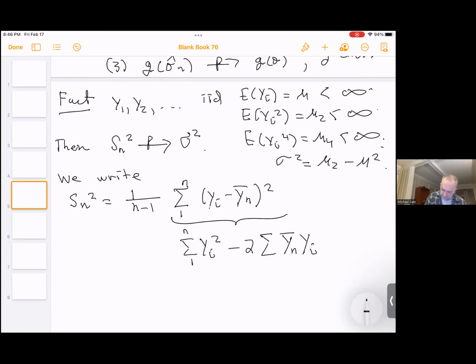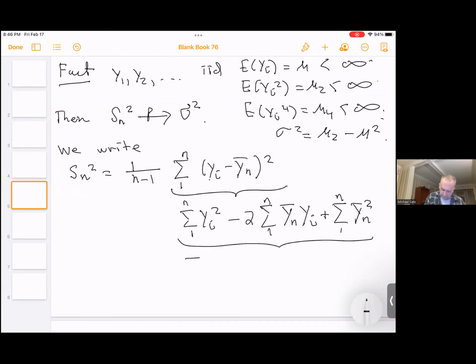And then plus the sum 1 to n of y bar n squared. This is equal to, well, the first I can't do anything with, sum 1 to n yi squared.